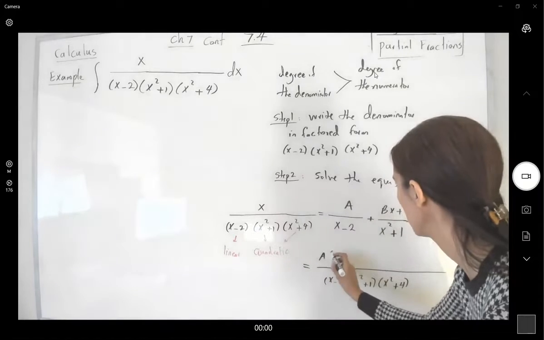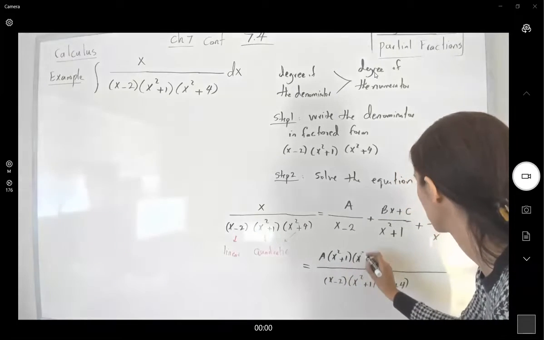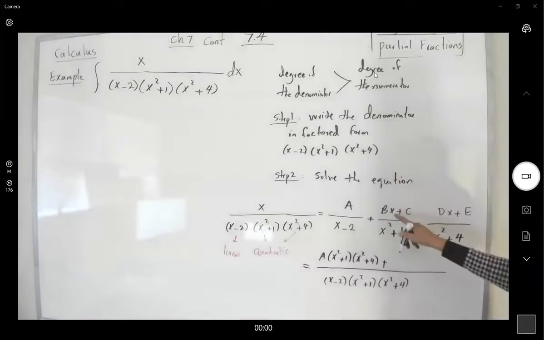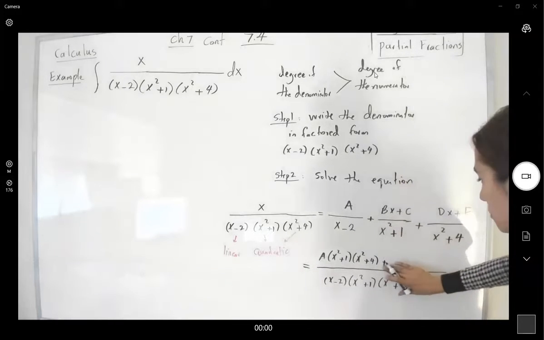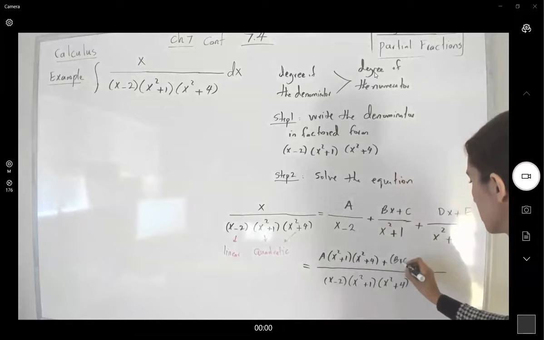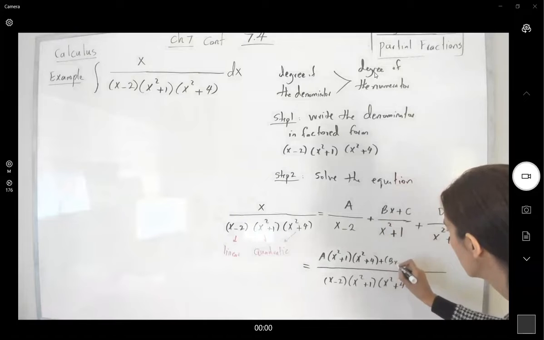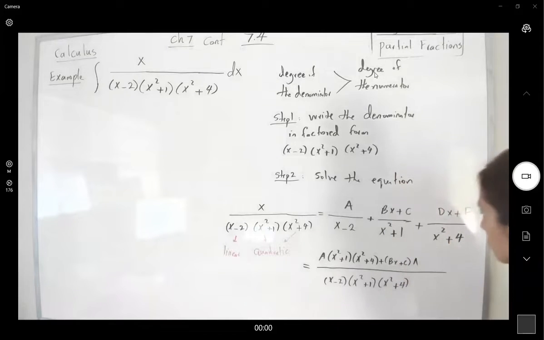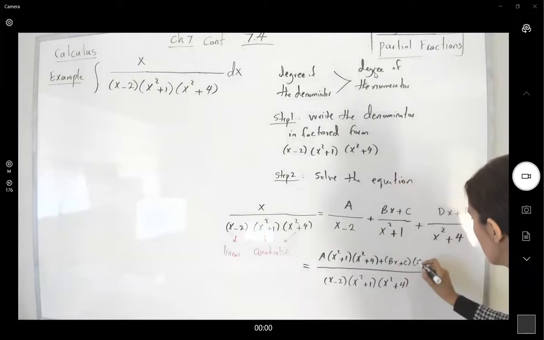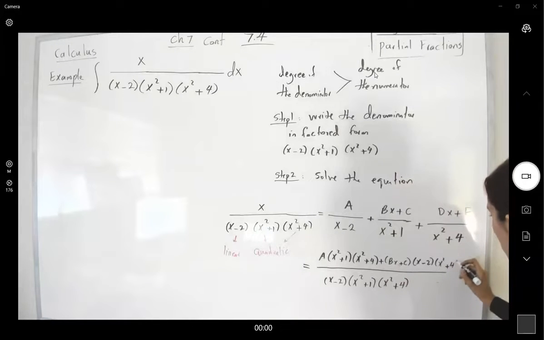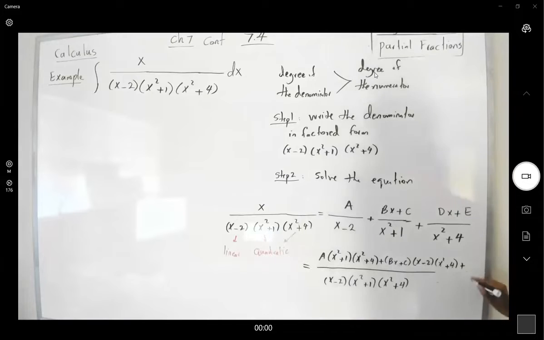This guy is a times x squared plus 1 times x squared plus 4 plus this guy is multiplied by these two, bx plus c times x minus 2 and x squared plus 4 plus, so I'm going to write the rest of it here, dx plus e times x minus 2 times x squared plus 1.